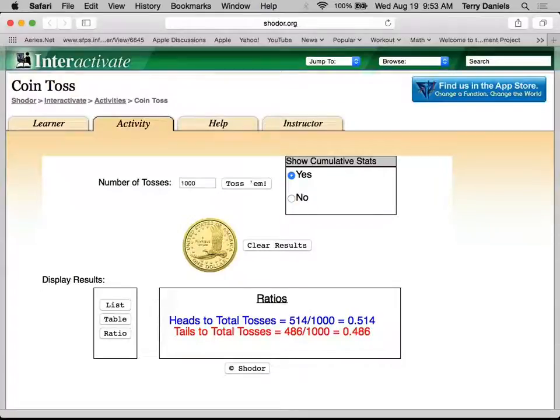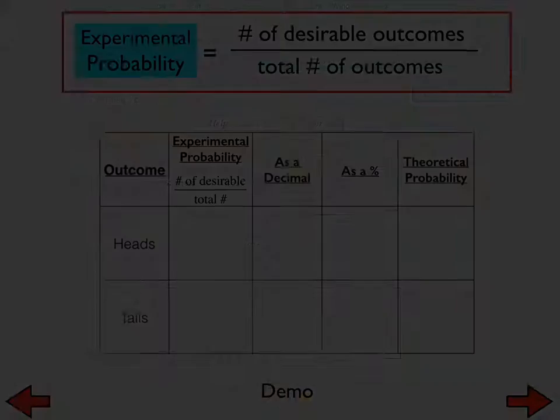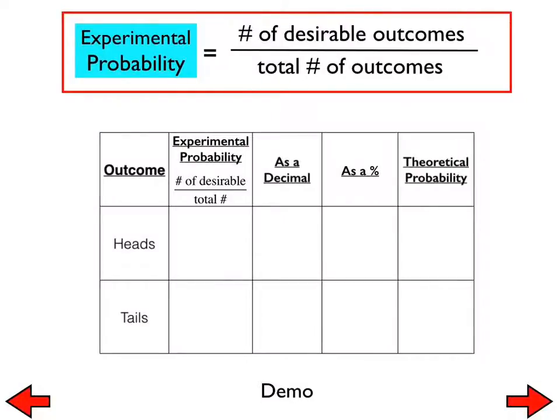So look, we're at 51.4% and 48.6. Let me do 1,000 again. And we got even closer to 50%, right? We're at 50.95 and 49.05. So the point is, the more that we toss the coin, the closer we would expect to get to that theoretical probability. And hopefully that makes sense. All right, so let's go to the next thing.